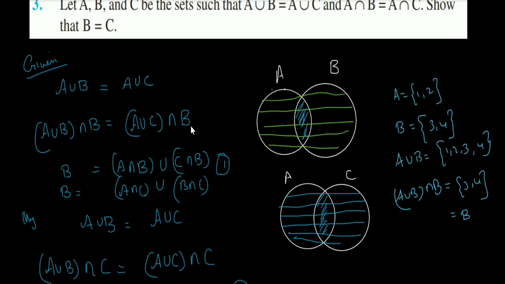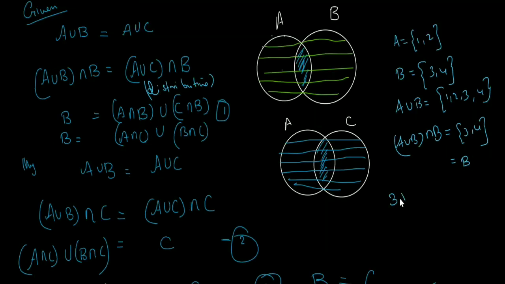And A union C intersection B, use the distributive property here. What is the distributive property? 3 plus 4 into x. What will you do? 3 into x plus 4 into x. That is called the distributive property.